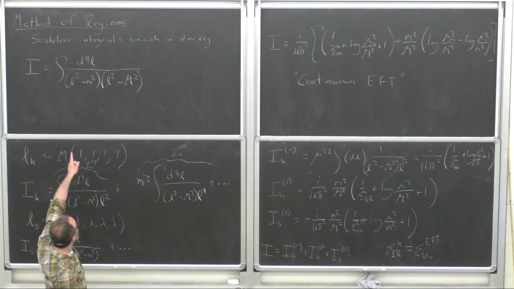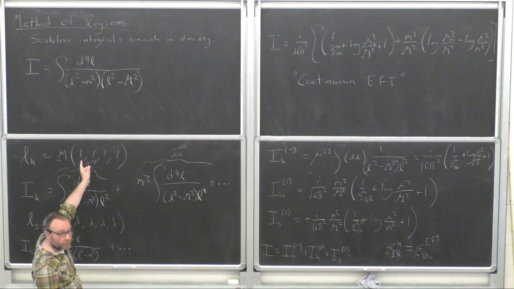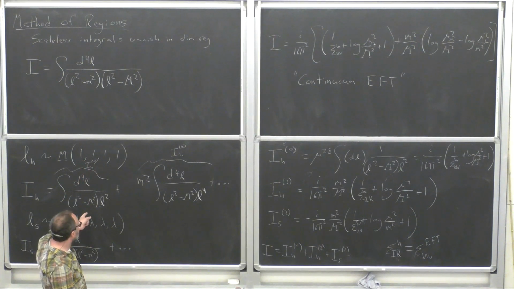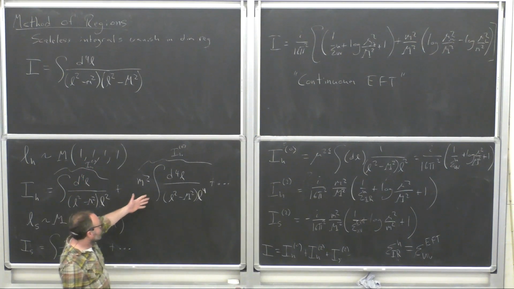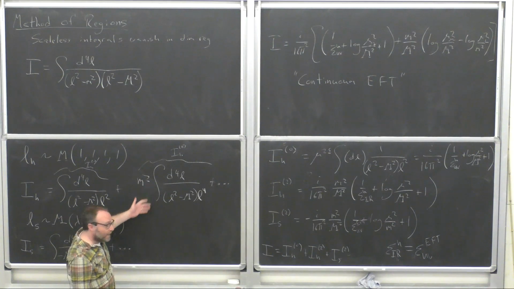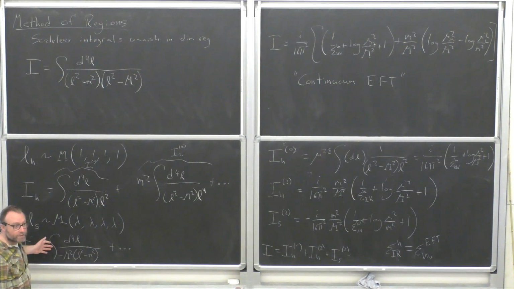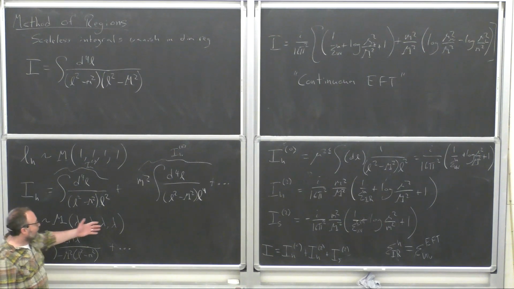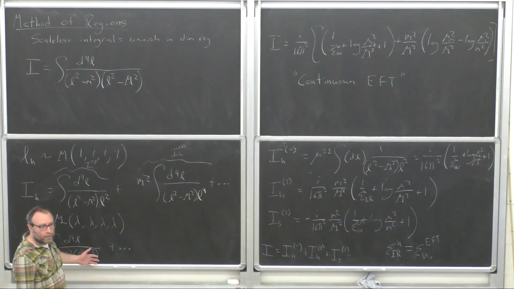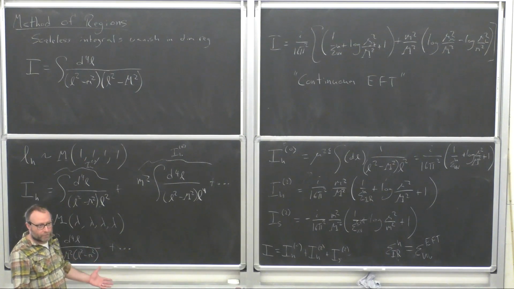So I took this IR finite integral, and I separated it into some pieces with IR divergences and some pieces with compensating UV divergences. This seems like a crazy thing to do. Why would you make your integral more divergent?